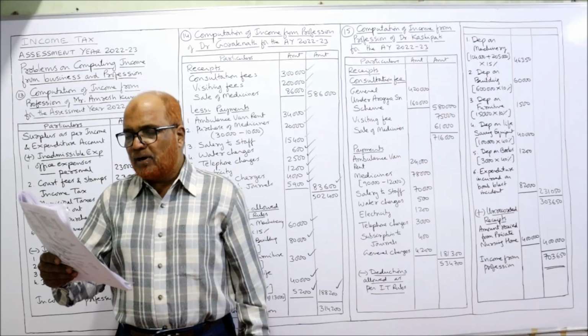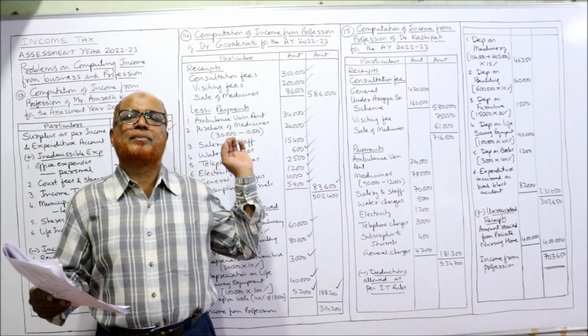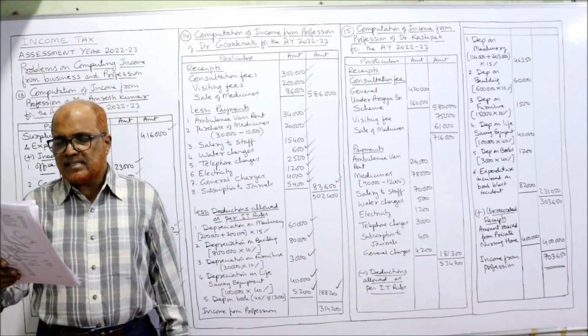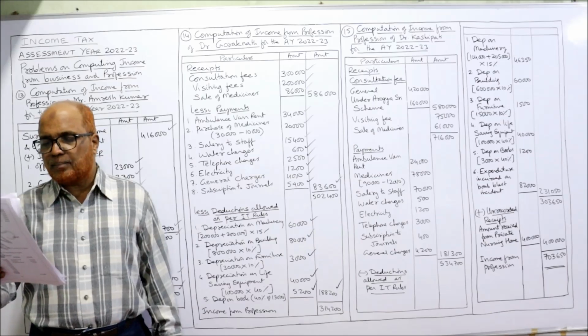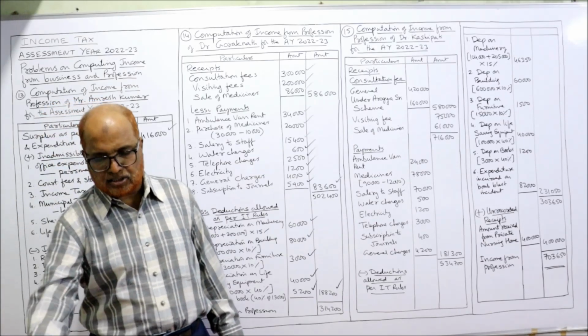At the beginning of the year WDV of assets, machinery, building, furniture, just like the previous problem, we have to calculate depreciation on these assets. Consultation fee due from Andhra Pradesh government under Arogya Sri scheme 1,90,000.